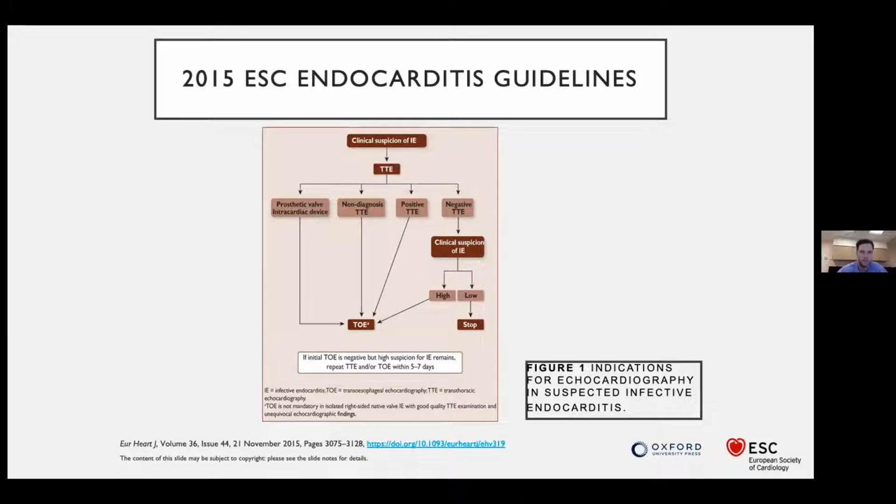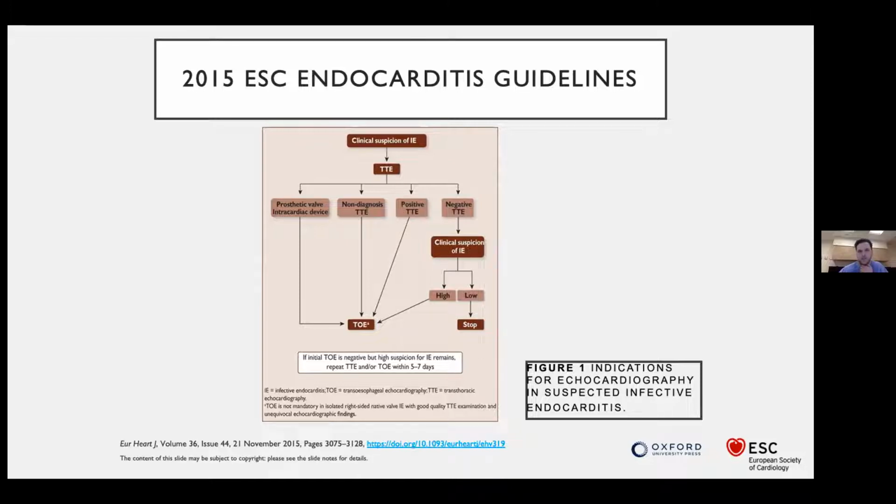The sensitivity of TTE for detecting endocarditis on prosthetic valves and other intracardiac devices is particularly low. So any patient with a prosthetic valve or a device and suspected endocarditis should move on to get a transesophageal echo. In patients with native valves and suspected endocarditis, if the initial transthoracic is non-diagnostic, that's also a reason to move on to a TEE.